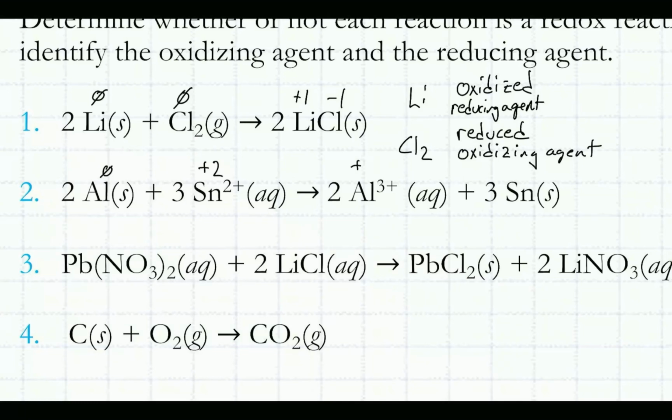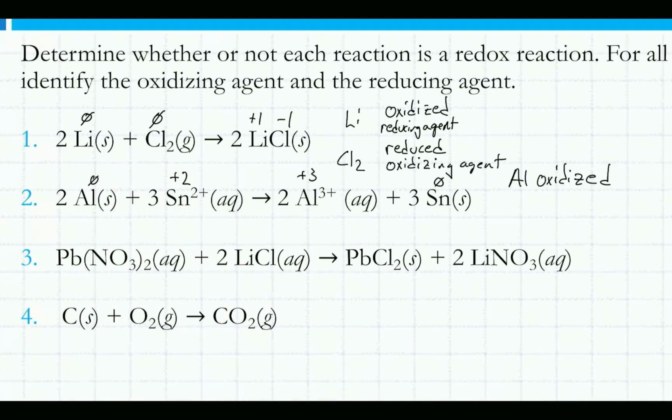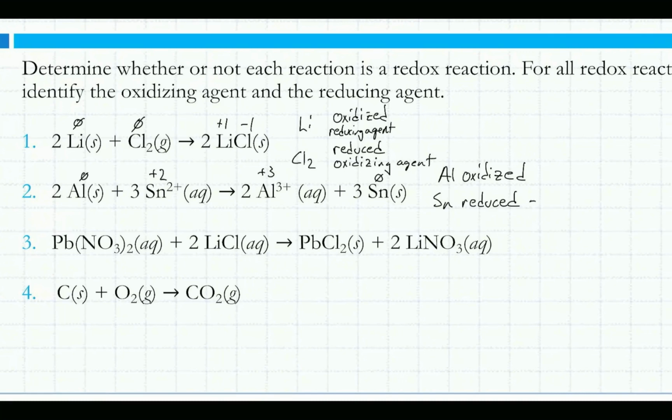Plus 3. And tin. Okay, so what's being oxidized? Aluminum's oxidized. And what's being reduced? Tin. Yep, so tin is the oxidizing agent, and aluminum is the reducing agent.